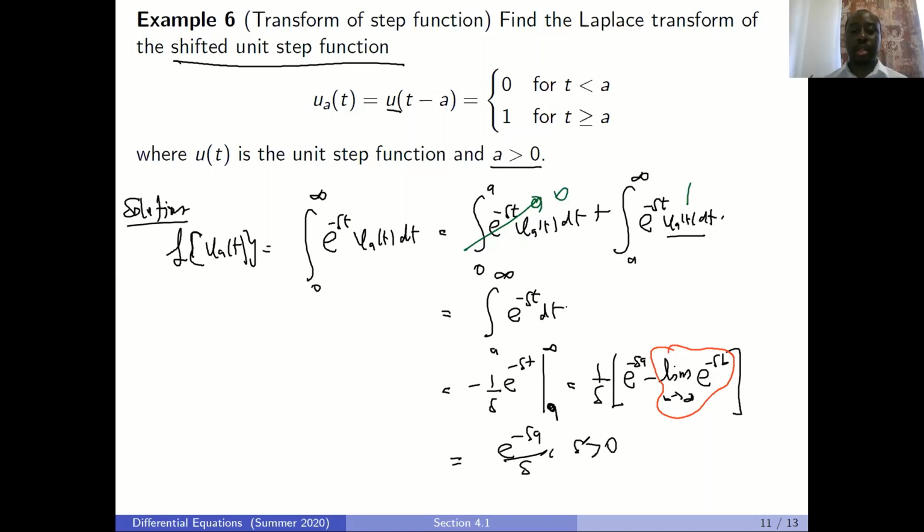That's the domain of the Laplace transform. So this is the transform of the shifted unit step function. And this is going to be important down the line.